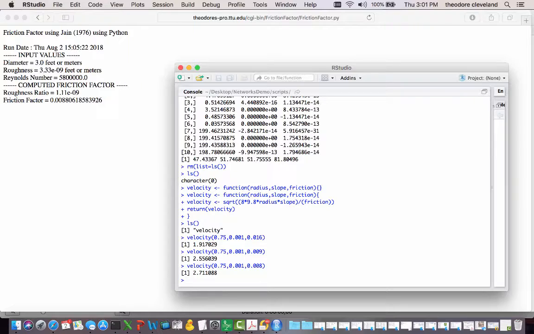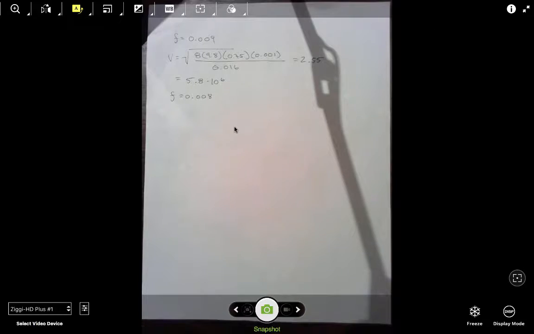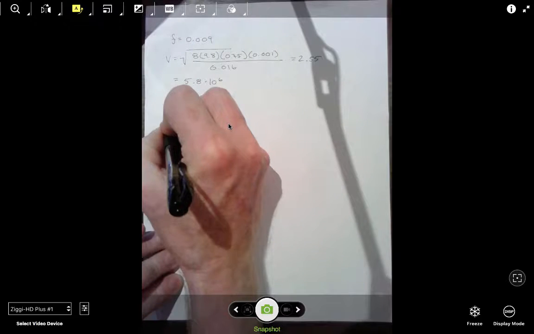And we would repeat. Okay, so let's just assume, for the sake of argument, that the resulting velocity of this next one is correct. So we now have a velocity of 2.711. Now you would do this until your stuff stops changing.